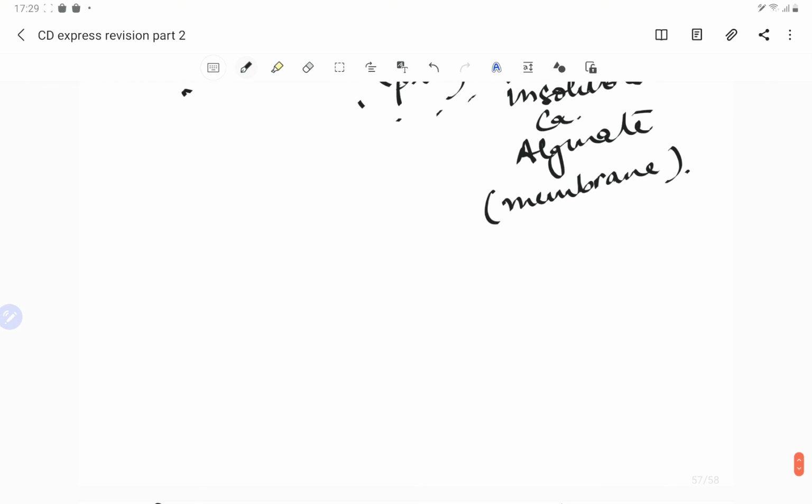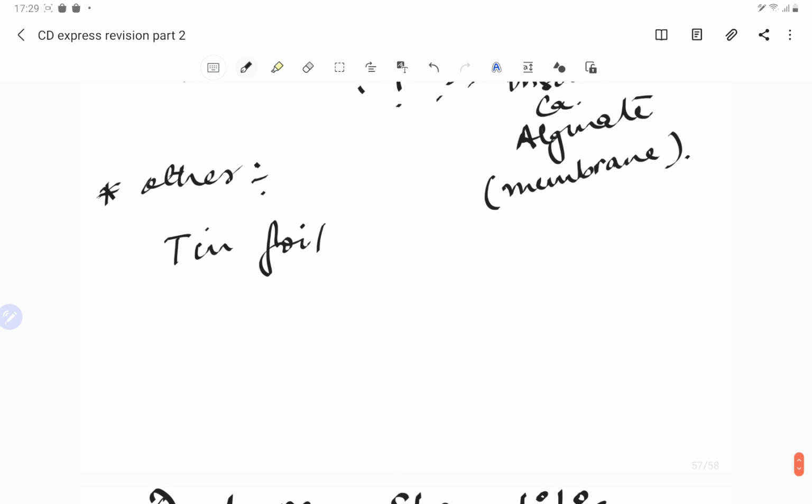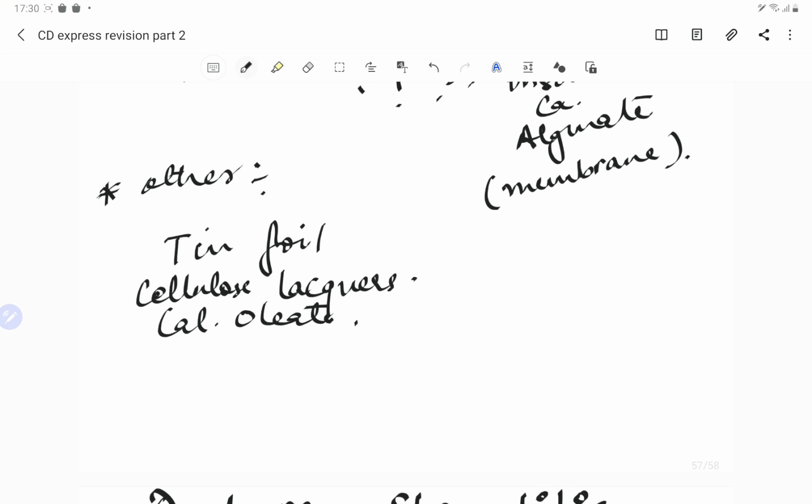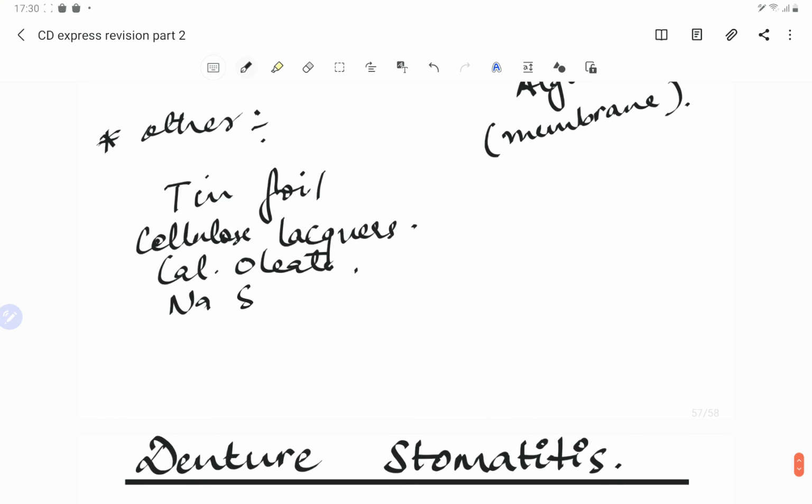So what are the other separating media which can be used? The most common, of course we know, is cold mold seal, then tin foil. So, other separating media: tin foil, also we know cellulose lacquers, calcium oleate, sodium silicate, starch, starch we use in impression plaster.